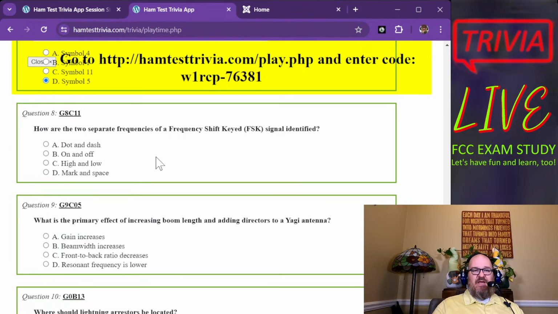How are the two separate frequencies of a frequency shift keyed signal identified? Two separate frequencies identified. Frequency shift keying is sort of like, FT4 is MFSK.